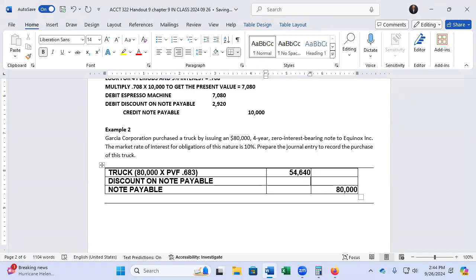I think if you do it exactly, you get a slightly different number, but we're just rounding here. And 25,360. Any questions there?